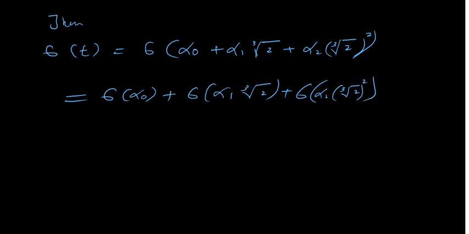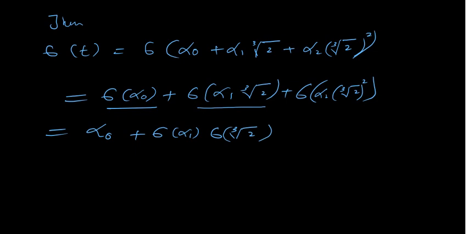This alpha naught is rational, so sigma of alpha naught is alpha naught. Here again we can apply the property of automorphism. It's equal to sigma of alpha 1 into sigma of cube root of 2, plus, this is the product of three elements, alpha 2, cube root of 2, cube root of 2, so sigma of alpha 2 times sigma of cube root of 2 times sigma of cube root of 2.